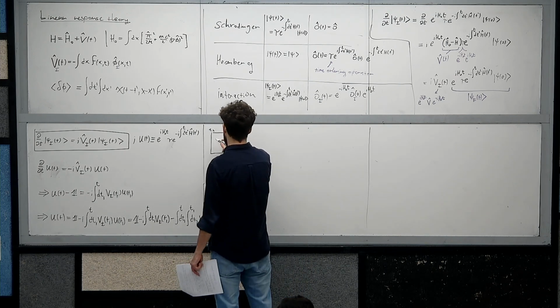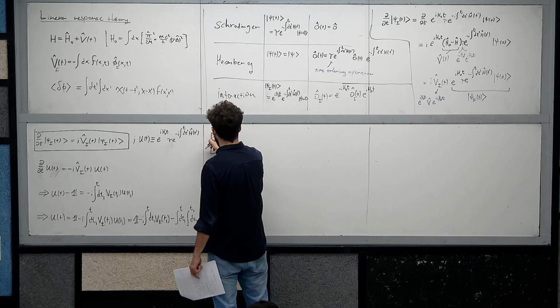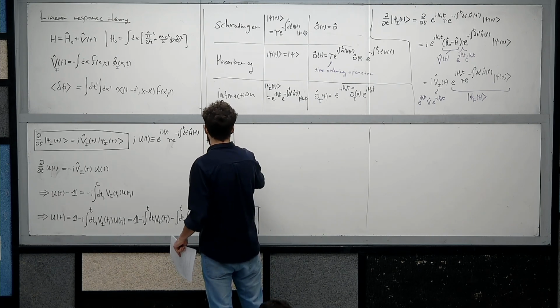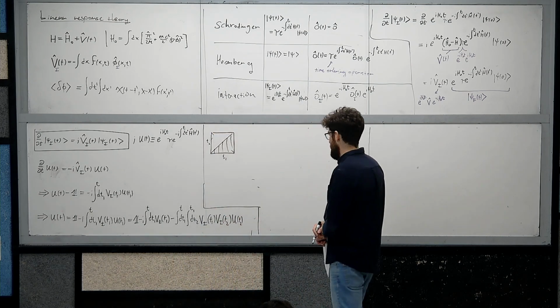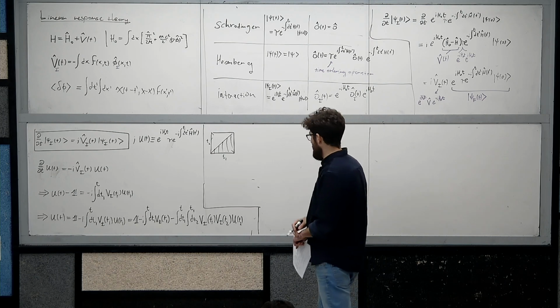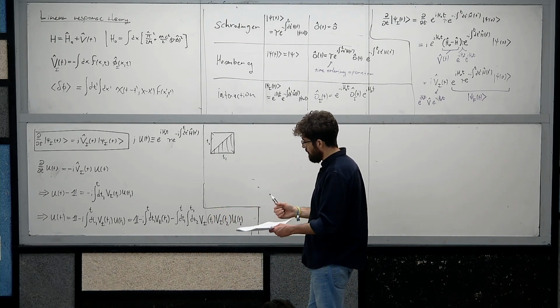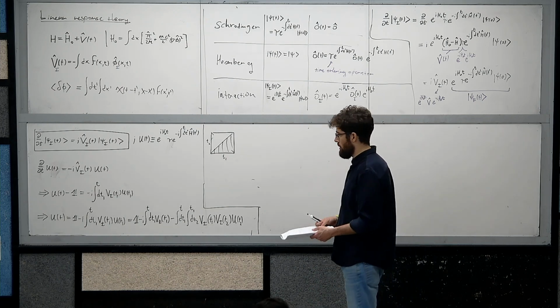So basically we're integrating over this region, right? And that gives us a half. And if we go to the cube, we'll get 1/6, and so on and so forth.